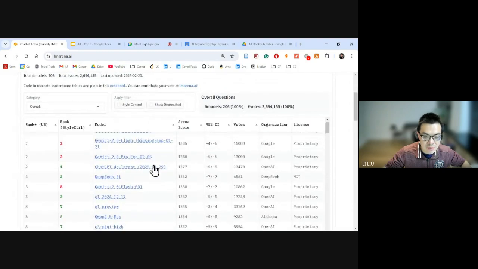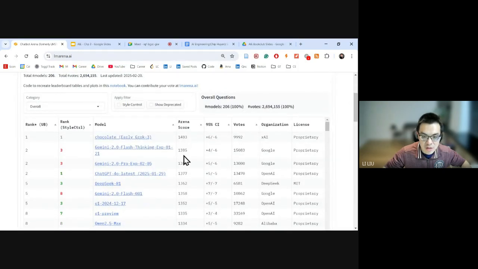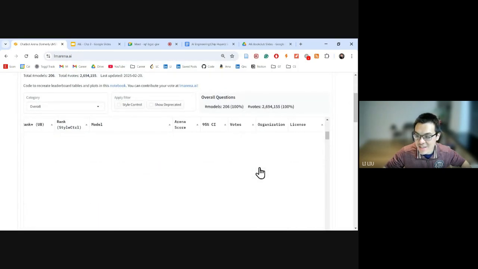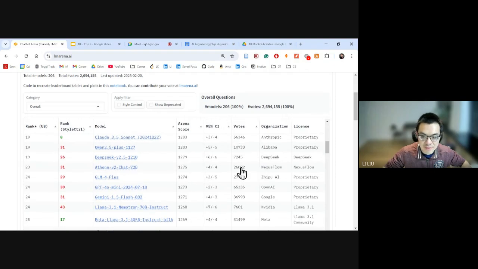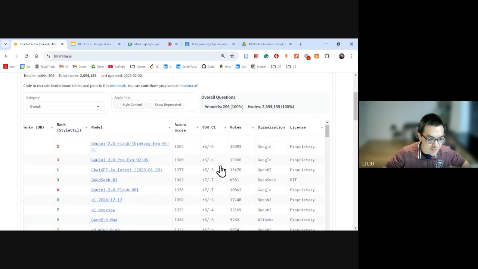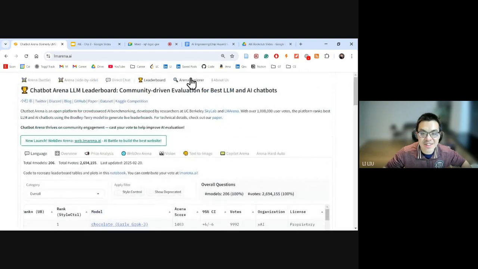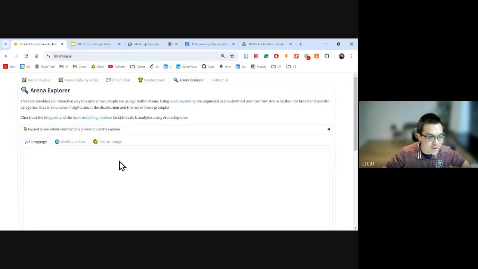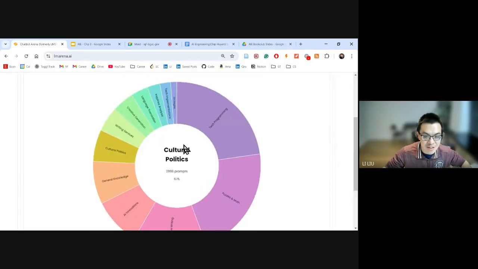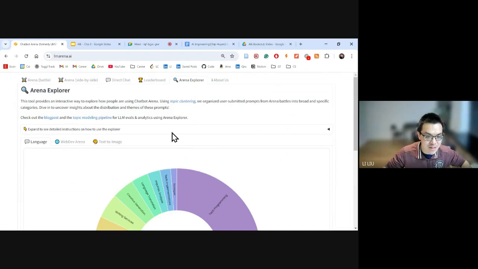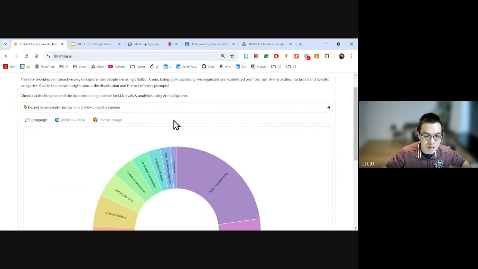This one also has its own score, the arena score, and some other information, votes as well. So there's a lot of information here. Arena Explorer. This one is also pretty interesting because it shows you how people are using the Chatbot Arena, so basically what kind of prompts they use AI for.